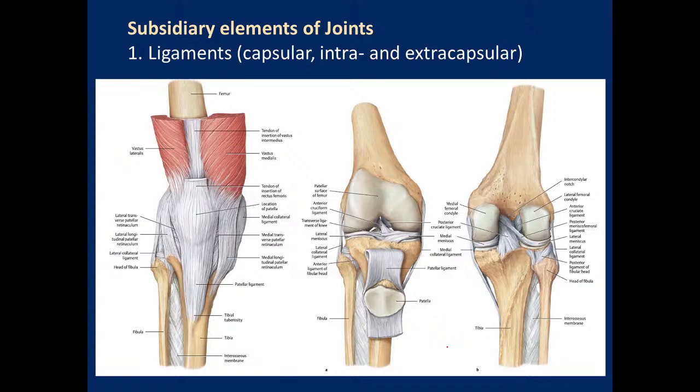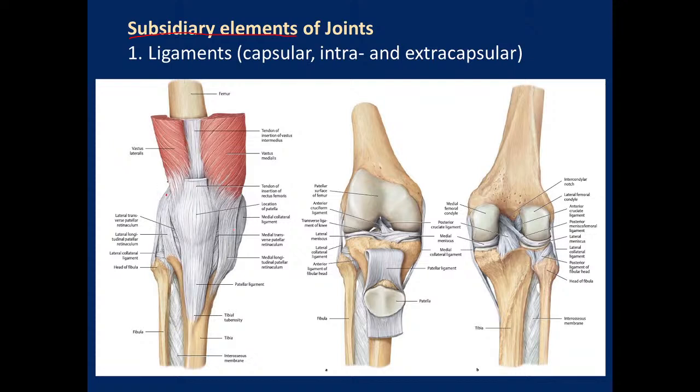In addition to the main elements of the joints, there are auxiliary elements, or subsidiary elements, in other words. Many synovial joints also contain accessory ligaments called extracapsular ligaments and intracapsular ligaments.